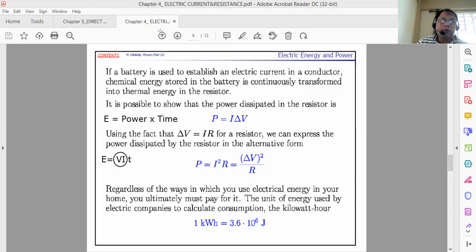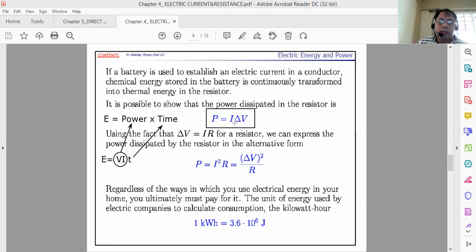If the letter T variable here is time, then VI must be an expression for power. Therefore, here we have an expression of electrical power to be I times delta V.